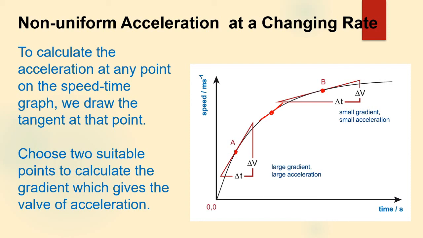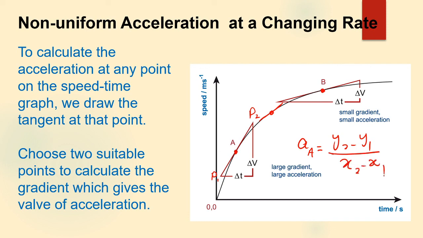So how can we calculate acceleration at any point of non-uniform acceleration? We use the same technique. We choose the points P1 and P2, for example, where P1 is x1, y1 and P2 is x2, y2. To find the acceleration at point A, I can use this relationship, y2 minus y1 over x2 minus x1.